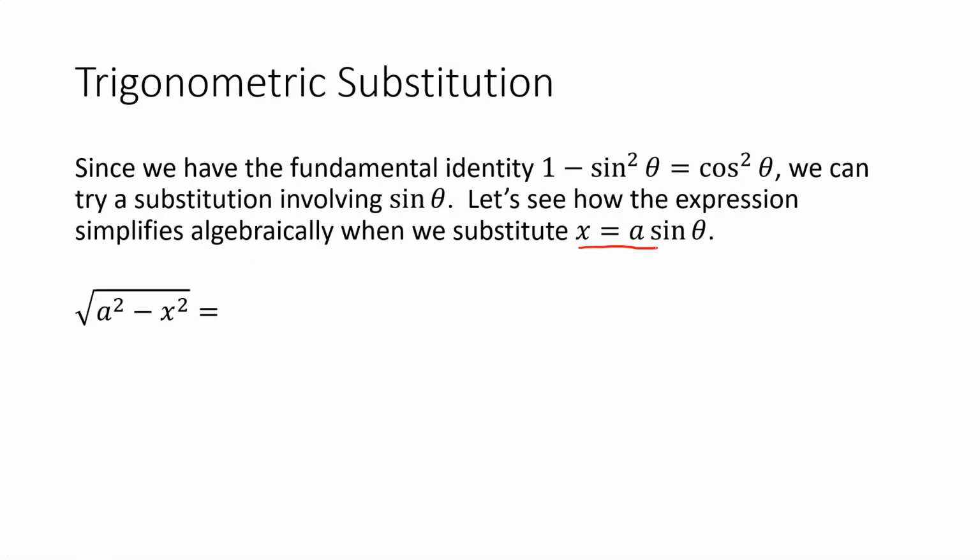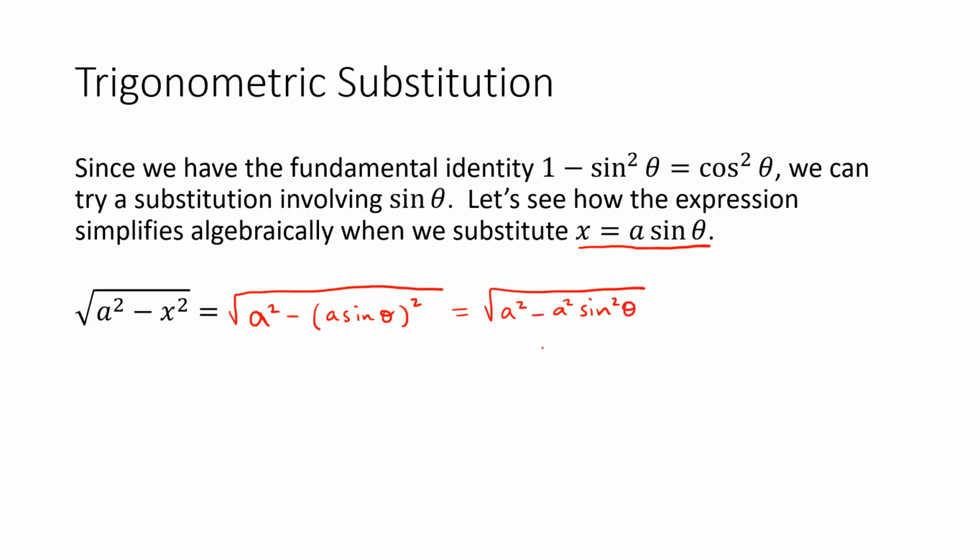If I substitute x equals a sine theta in for x here, what would happen? We'll leave a squared minus, and a sine theta will replace x, and then we get something like a squared minus a squared sine squared. Now they both have a factor of a squared, which I can factor out. And then, of course, the square root of a squared will just be a.